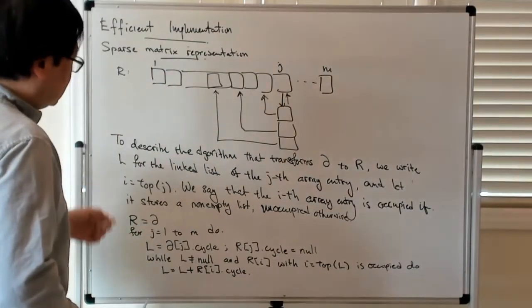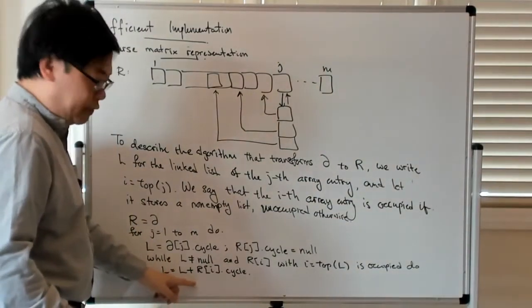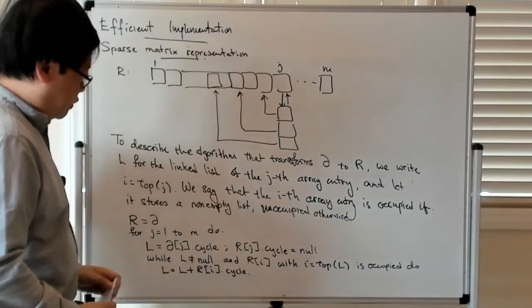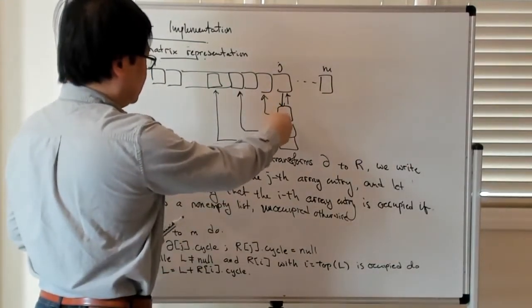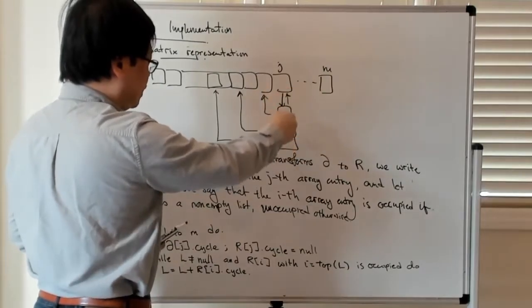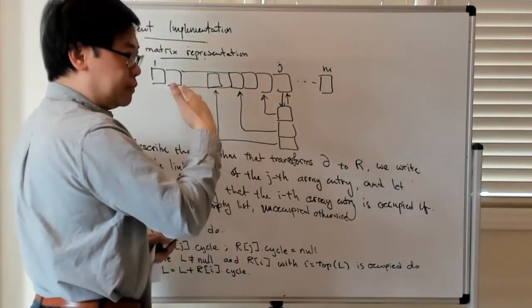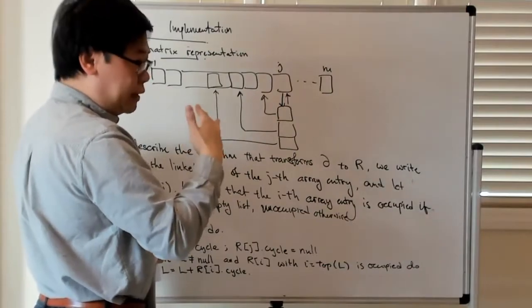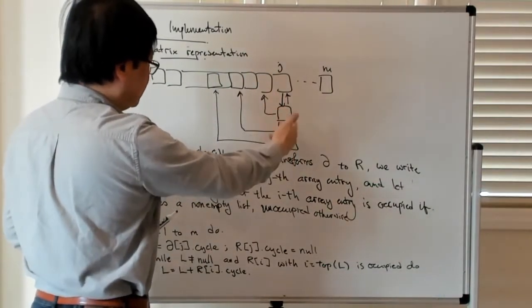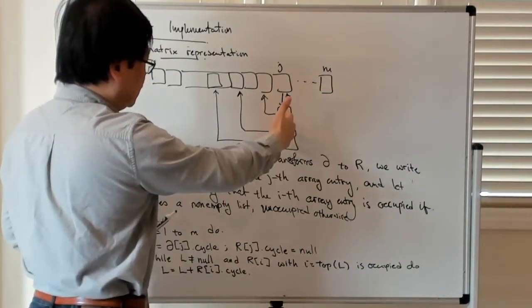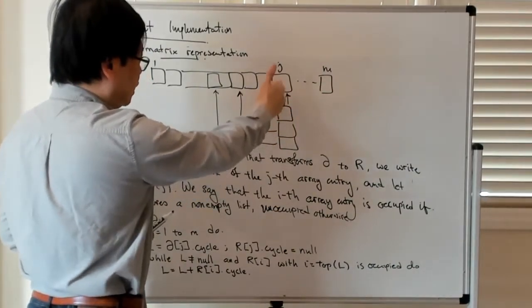So again, this is analogous to what we had in the previous algorithm, right? What you can see in this construction is that, if you recall, the boundary matrix was upper triangular, right? So that means that all the entries here have index less than or equal to the jth index.